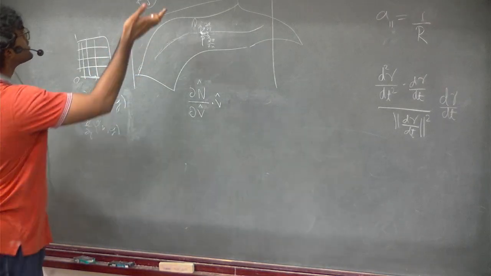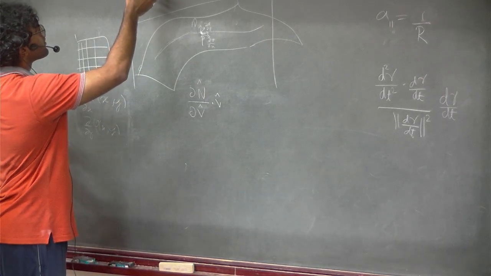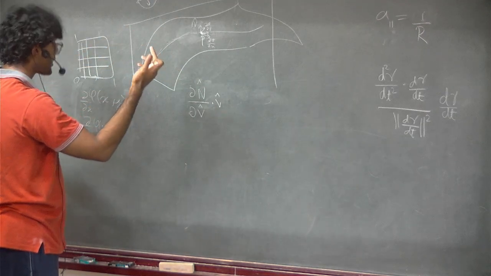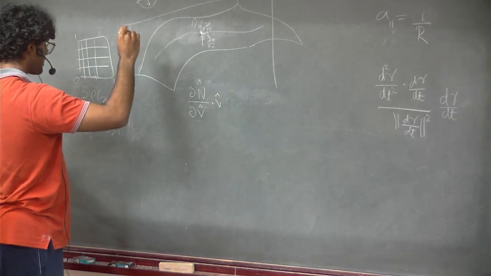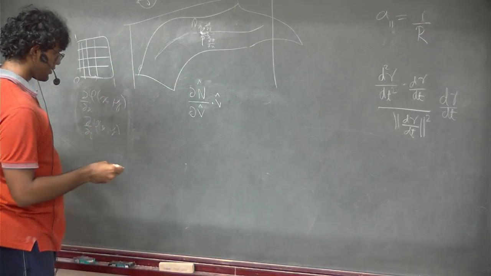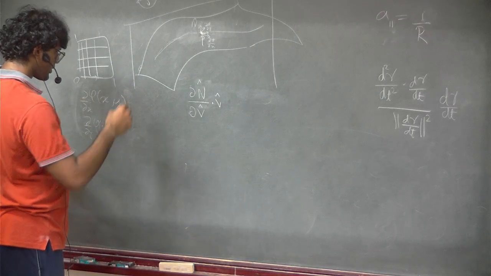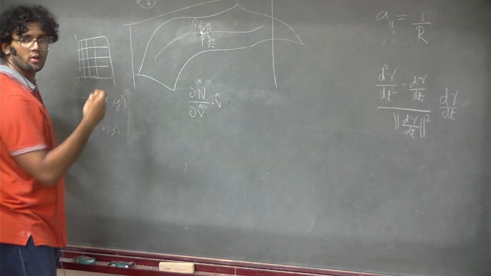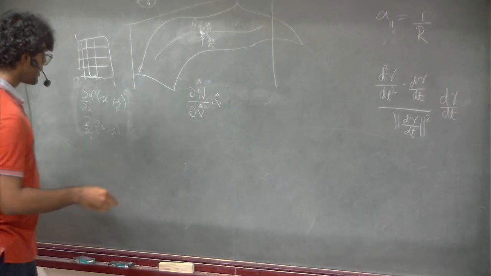That's how you define it. So as a function of the circle around your point, you have the curvature, and at some point you attain a maximum curvature, and at some point you attain a minimum curvature.